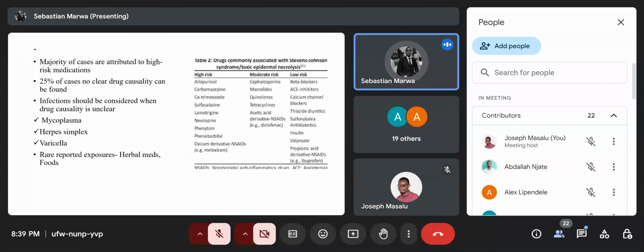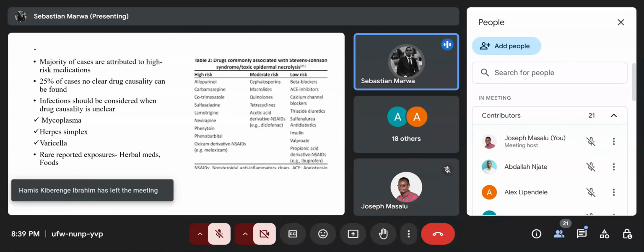So, as Dr. Joseph you have said correctly, the majority of cases are attributed to high-risk medication. But in up to 25% of cases, you can have no clear drug causality. Up to 25%, you can have recorded cases of SJS/TEN without a possible culprit drug.